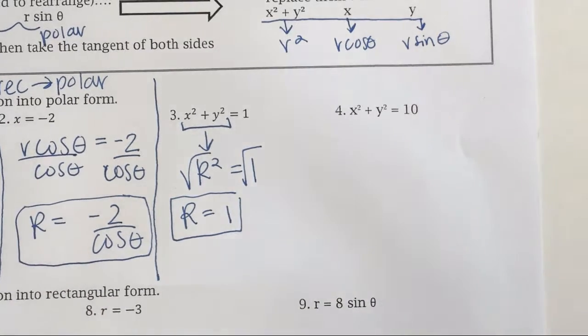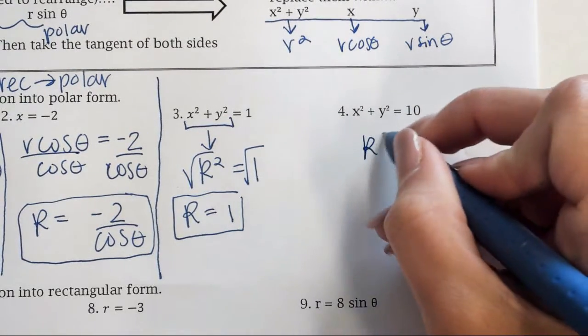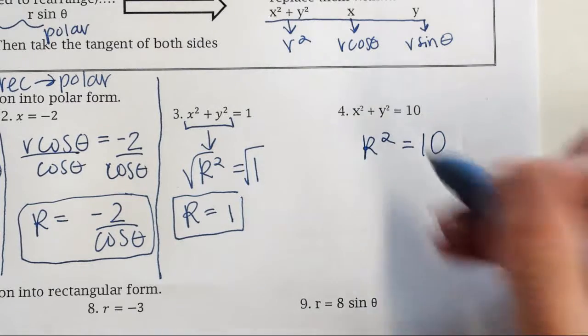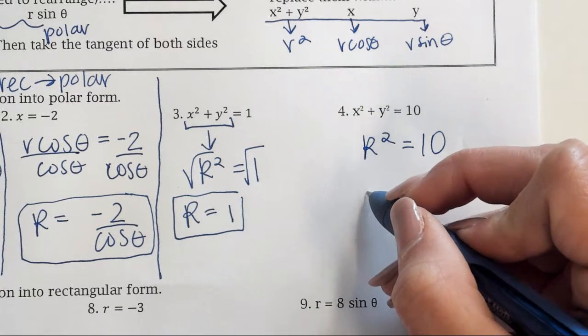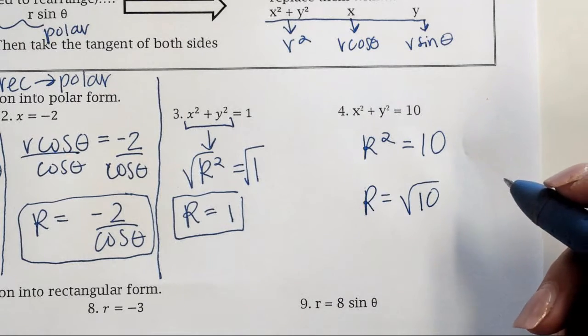Or first of all, tell me the first thing you did. I made it r squared. Very good. So what's my final answer? Very good. Can we simplify square root of 10? Nope. Very good.